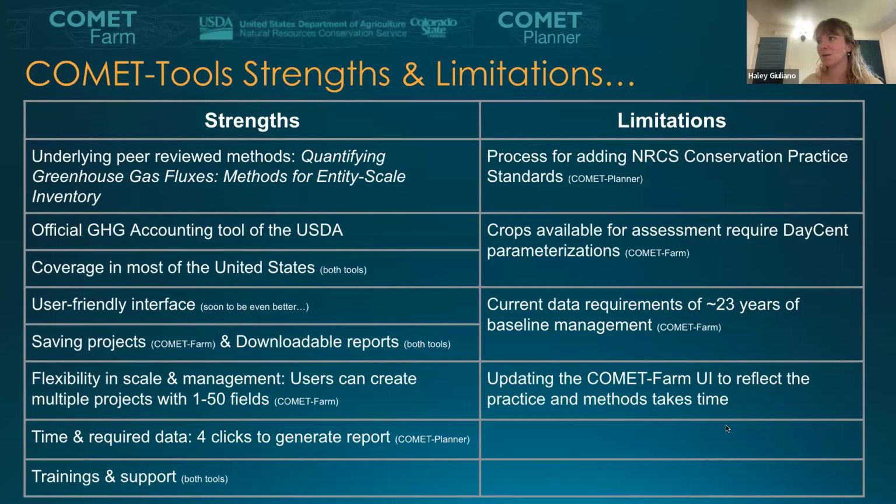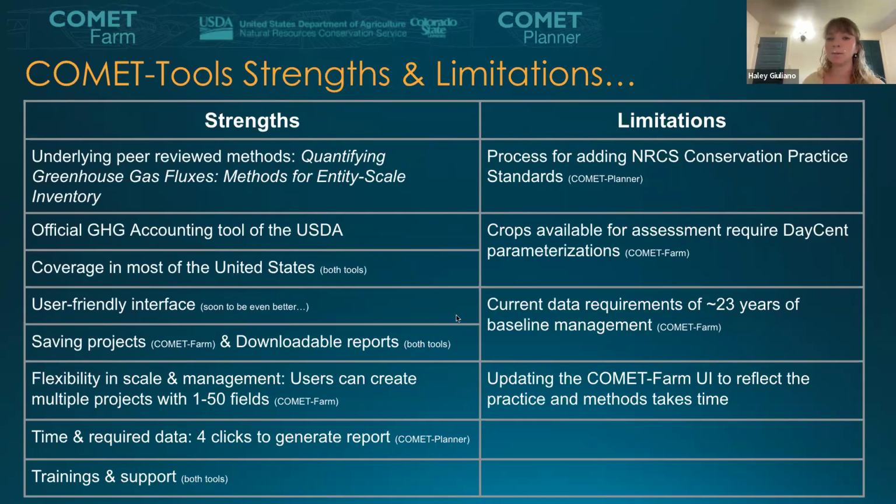And it seems to be a common theme. It does take a lot of time, effort, and money to update the COMET Farm UI or the COMET Planner UI to reflect any practice and methods updates. The USDA just released their new updated Blue Book document, maybe about a month ago, and so it will take some time to implement those new methods into the tool.